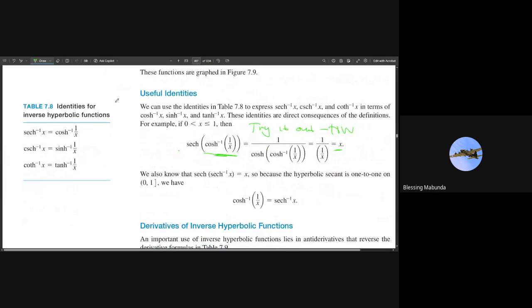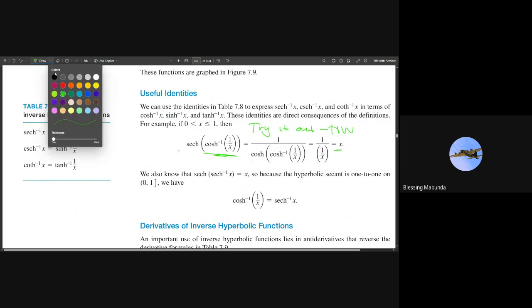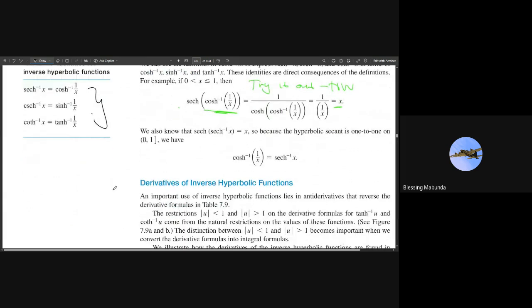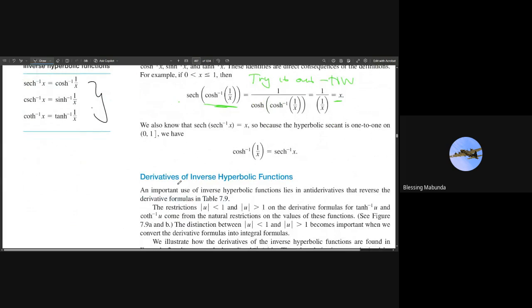And we've got identities for inverse hyperbolic functions. That's also highlighted in the table.